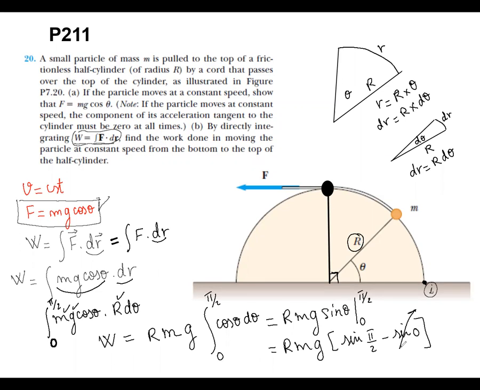Sine 0 equals 0, and sine pi over 2 equals 1. So we get m g R. This is the answer.